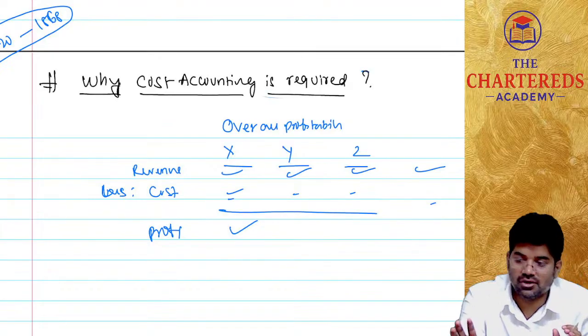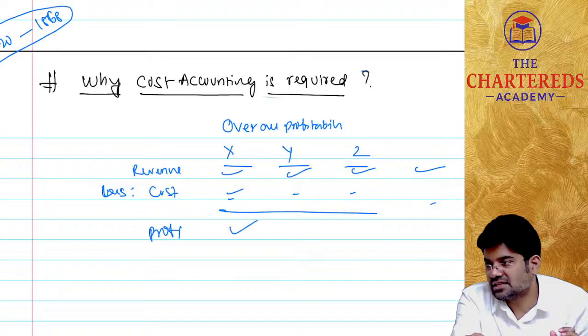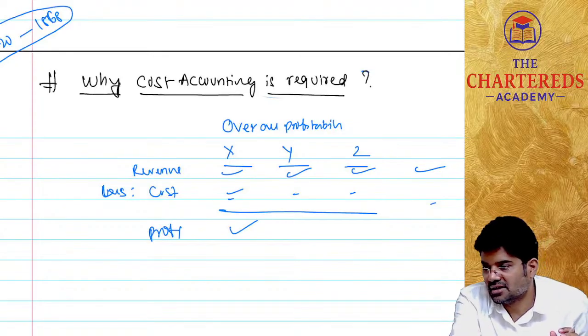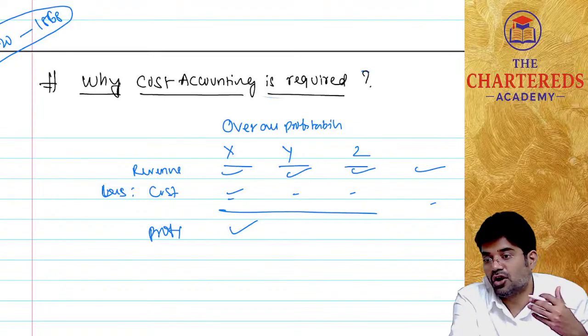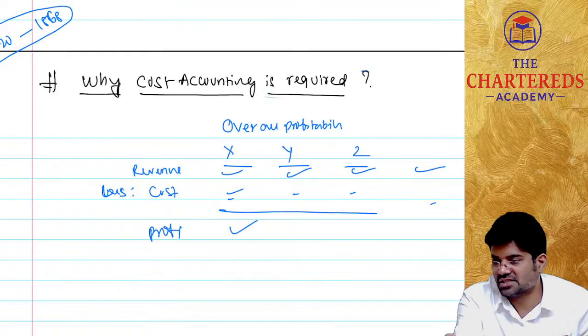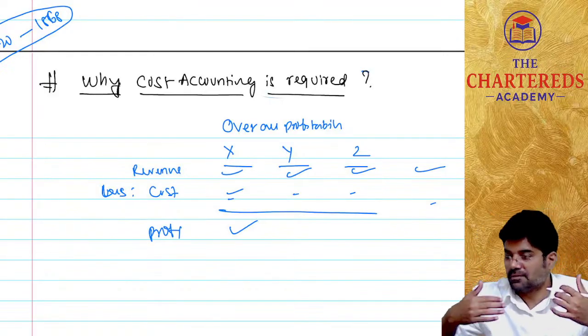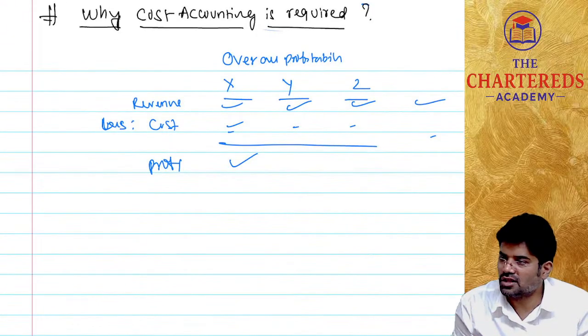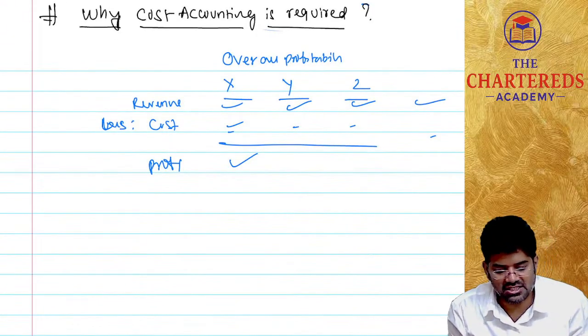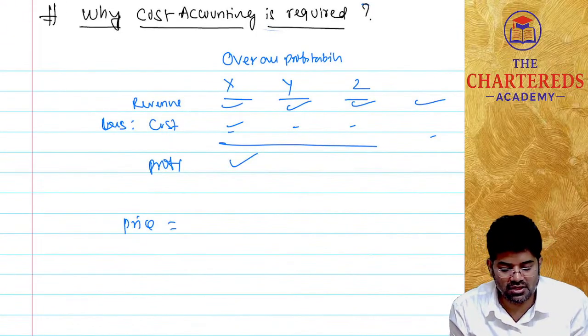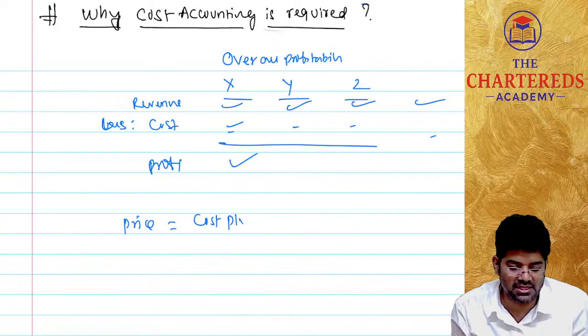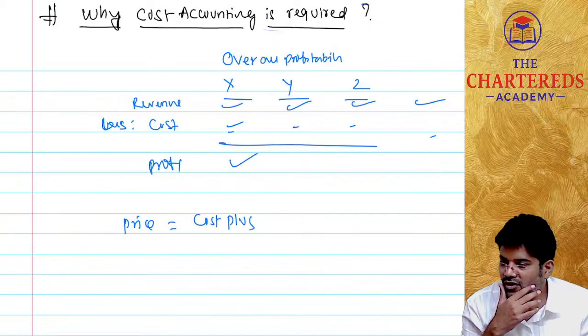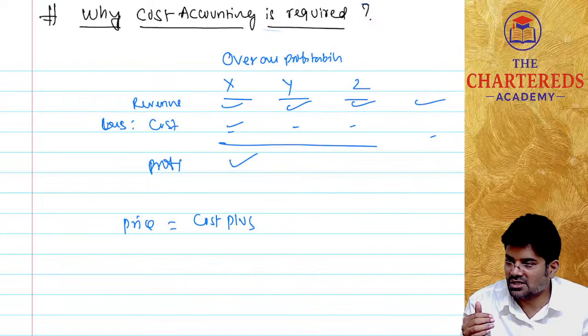Or sometimes, I need to tell you this, during World War also, people used to spend a lot of money on arms and ammunitions, and they used to buy from suppliers. Suppliers used to charge price on cost plus basis. What is the meaning of cost plus? Whatever cost they are incurring, they're adding some fixed margin.